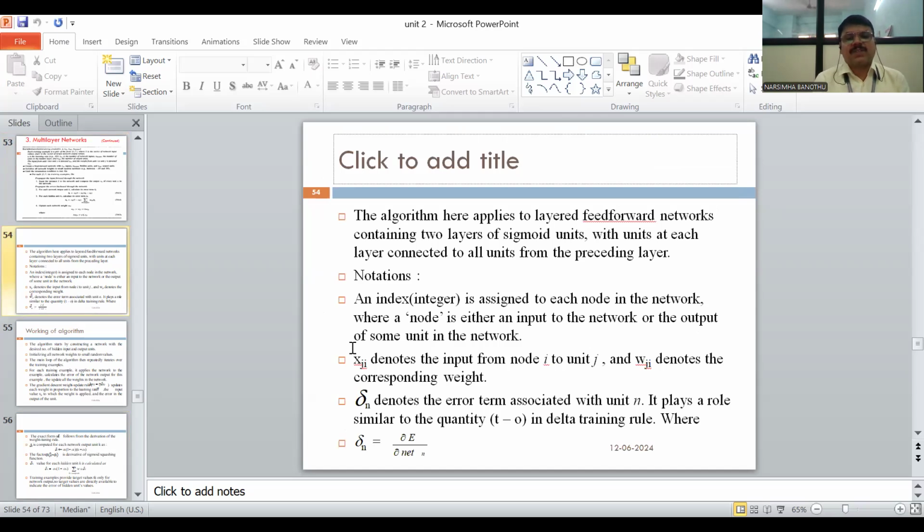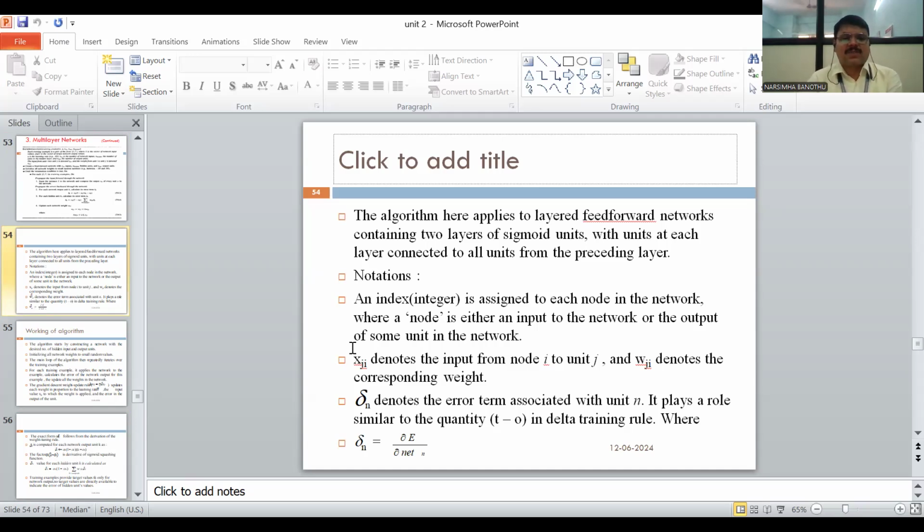The algorithm here applies to layered feed-forward networks containing two layers of sigmoid units, with units at each layer connected to all units in the preceding layer. Some notations are there.